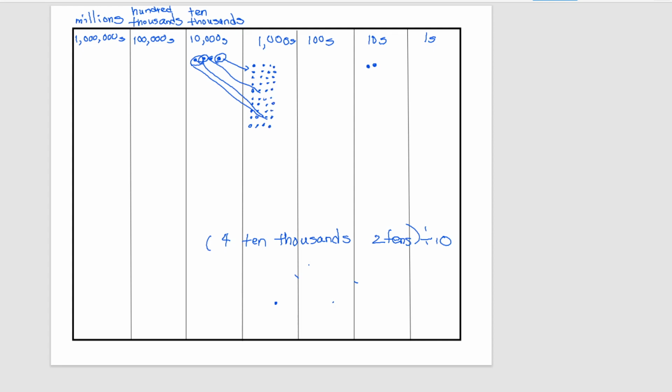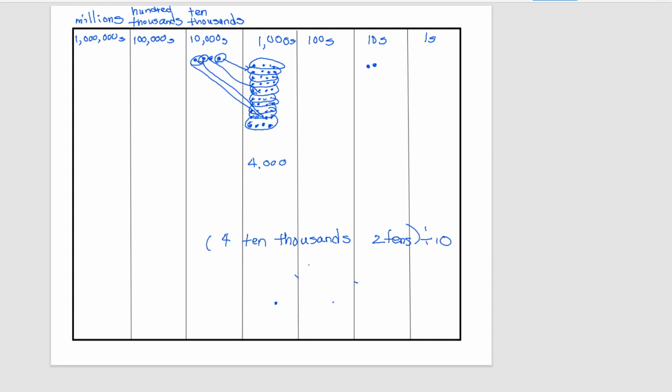And now we're going to take those 40 1,000s and divide them by 10. So we're going to put them into 10 equal sized groups of 4. So 4 10,000s divided by 10, we see in one group, we have 4,000.